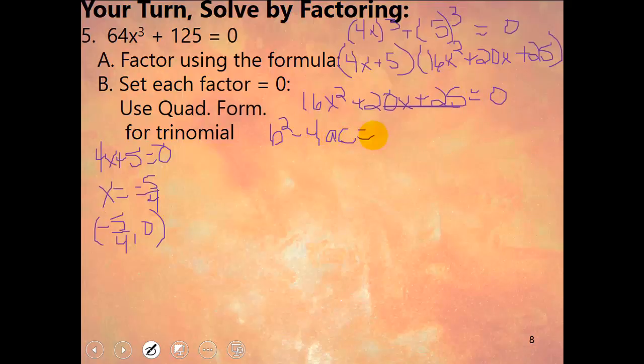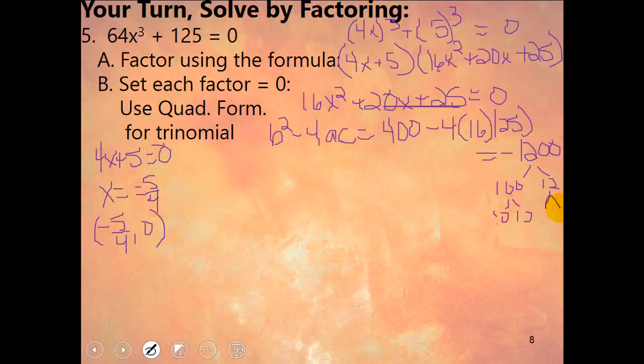And I'm going to start with b squared minus 4ac, and so that gives me 400 minus 4 times 16 times 25, and that actually gives me -1200. And I'm going to prime factor this one, and when I do, I'm going to take a few shortcuts here just for sake of time. This is 12 times 100, this is 10 and 10, and this is 3 and 4 and 2 and 2.